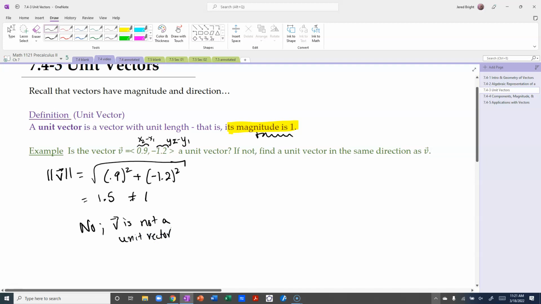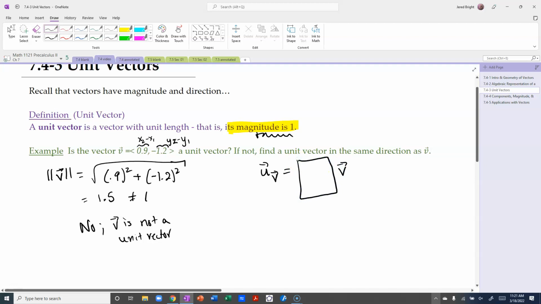It isn't a unit vector, and then it said, if not, find a unit vector in the same direction as v. So all we really want is a unit vector in the same direction as v. To do this, we're just going to take v and multiply it by something.